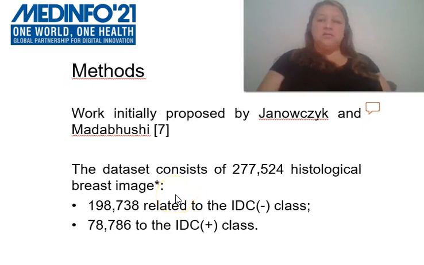The dataset consists of 277,524 histologic breast images, 198,728 relative to the IDC negative class, without IDC, and 78,786 to the IDC positive class, with IDC.